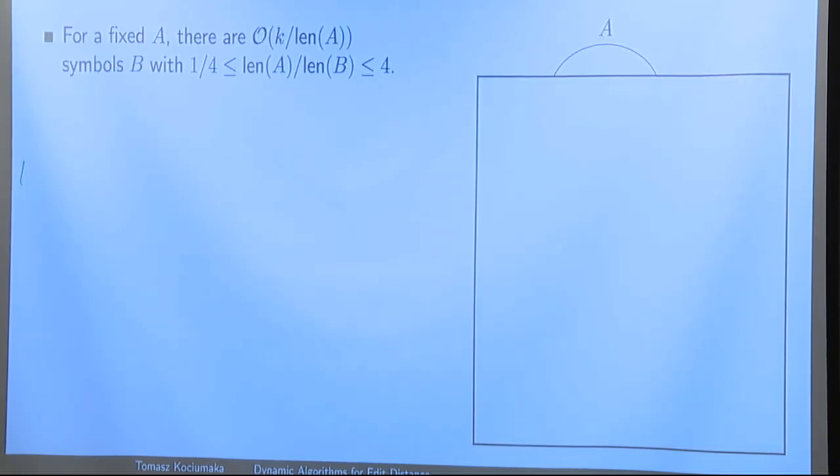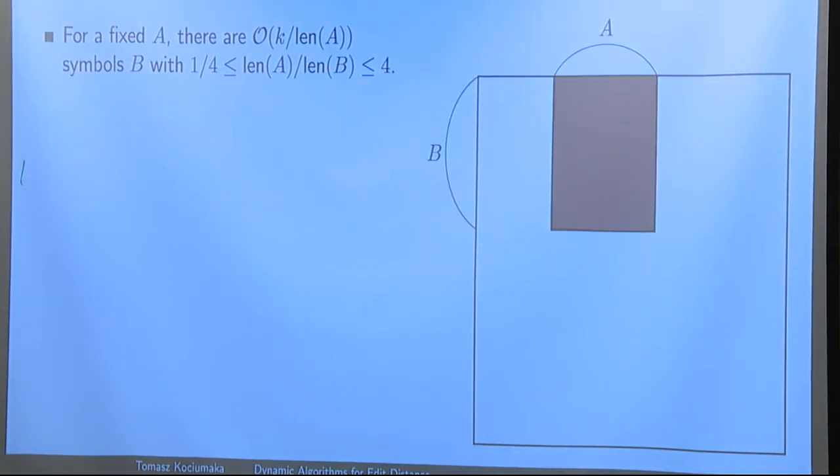These symbols B, for which we need to compute the distance matrix of A and B, are not necessarily disjoint in the path tree of Y. So it could be that this B is already shorter than 4 times the length of A, but its child C is still longer than a quarter.